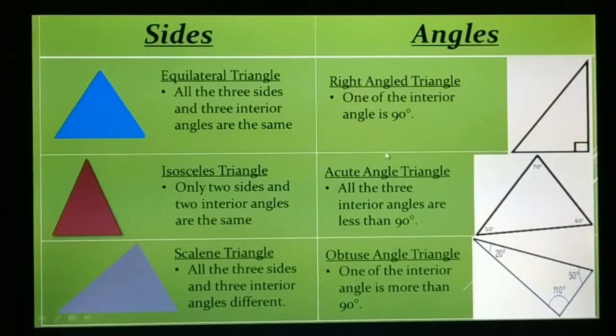In angles we classify triangles as right angle triangle, where one of the interior angles is 90 degrees. The other is the acute triangle, which has all the three angles less than 90 degrees. And the last one is the obtuse angle triangle, in which one of the interior angles is more than 90 degrees.